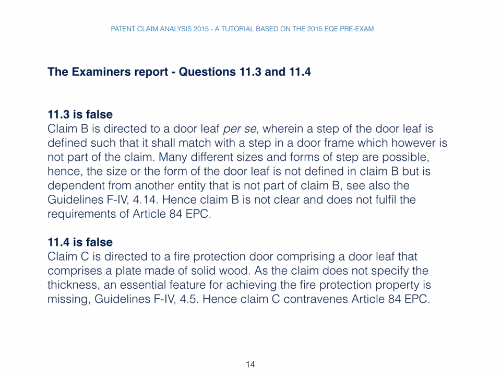Many different sizes and forms of step are possible, hence the size or the form of the door leaf is not defined in Claim B, but is dependent on another entity that is not part of Claim B. See also the guidelines F Roman 4 4.14.